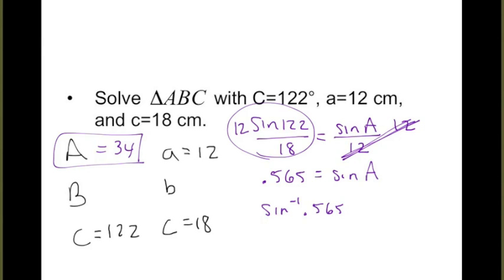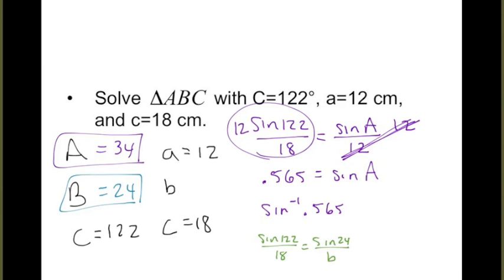Now we know two angles, so we can subtract from 180 to find out what's left over for the third angle. And then I'm going to go back to using letter C again. And I'm going to set up sine of 24 over little b.